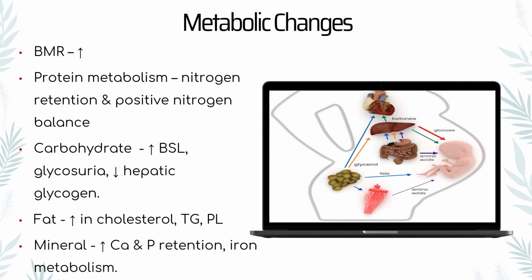Mineral metabolism, calcium and phosphorus. In normal pregnancy, it retains about 50 grams of extra calcium and 30 to 40 grams of phosphorus. These are deposited in the fetus and also retained in the mother's stores, that is in the skeletal muscle.